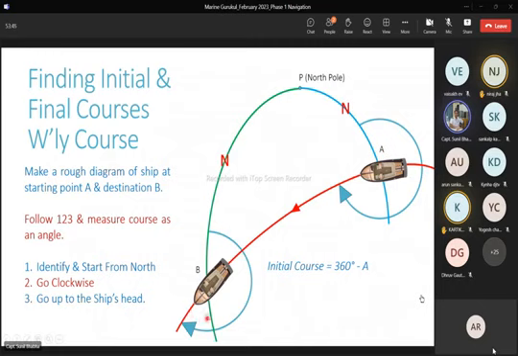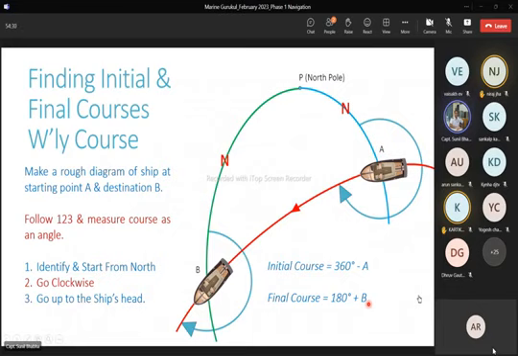So this opposite angle is equal to angle B, and we also know that from the north direction to the south direction, that means up to here, meridian to meridian, this is a straight angle, that is 180 degrees. So this now tells us that our final course is going to be 180 plus angle B. So you can see here the final course will be 180 degrees plus angle B.